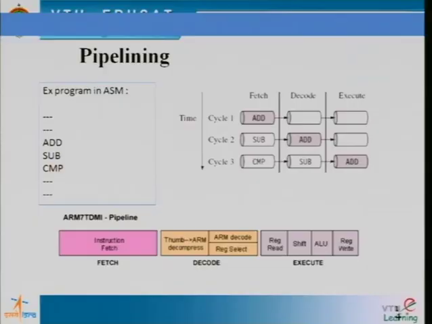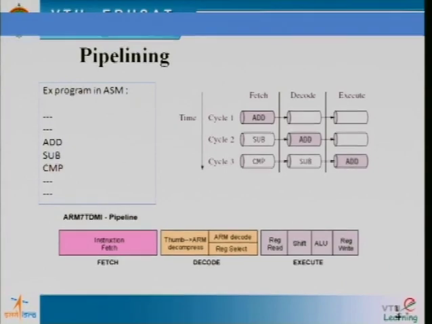Overall the instruction execution has only this much action, but I can reserve the register access and shift operation as one cycle and one stage, and ALU and register write as the next stage. By appropriately splitting each stage into two or multiple stages, I can realize a deeper pipeline. So by having a deeper pipeline, I always tend to get better performance.